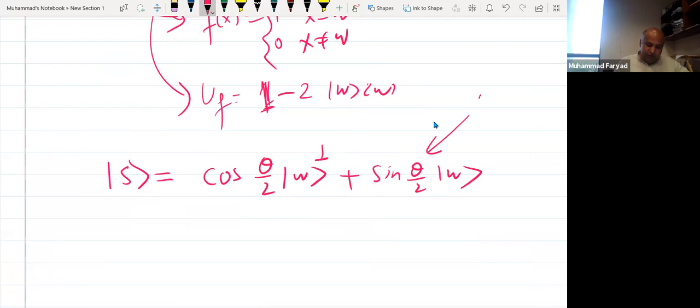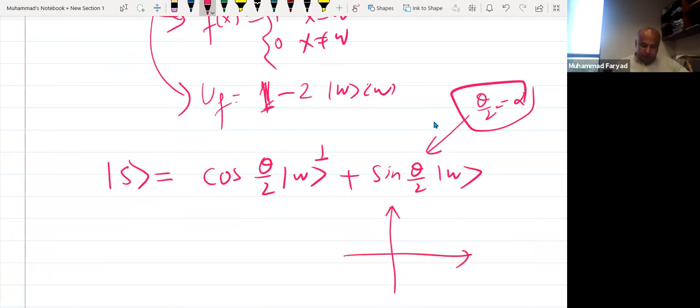Last time we were calling this theta by 2 as alpha, but a lot of quantum algorithm books call it theta by 2, so let's use this notation. Graphically, you can visualize this state S as having an angle theta by 2 with the W perpendicular axis and 90 minus theta by 2 with the other axis.